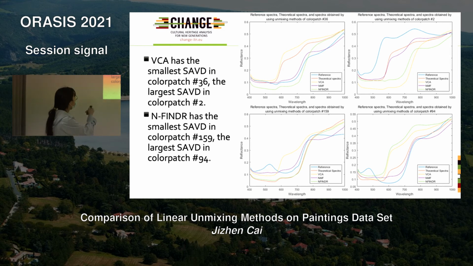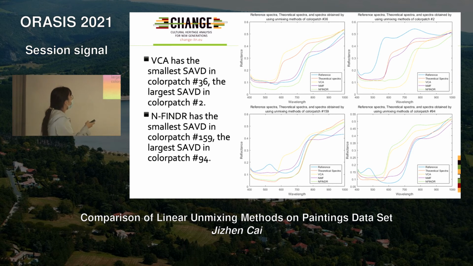So here we can see the result. One interesting thing to point out is that, for example, in the top left figure, except for the VCA, NMF, and NFinder, there are another two. The blue one is the reference. The red one is the theoretical spectra.